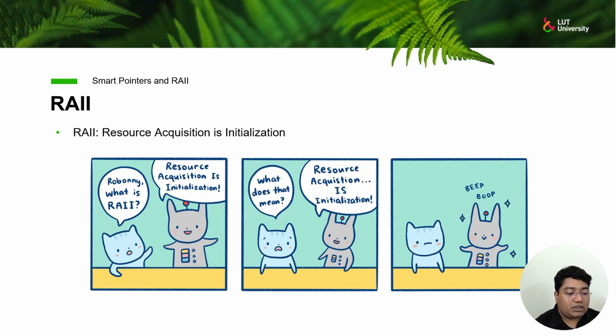Then when the object is destroyed, it automatically releases that resource. That's the whole idea. Acquire when the object is created, release when the object is destroyed. Once you understand that sentence, you've understood the heart of RAII. Resource acquisition is initialization.